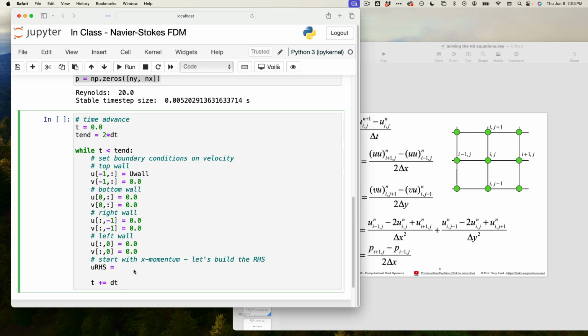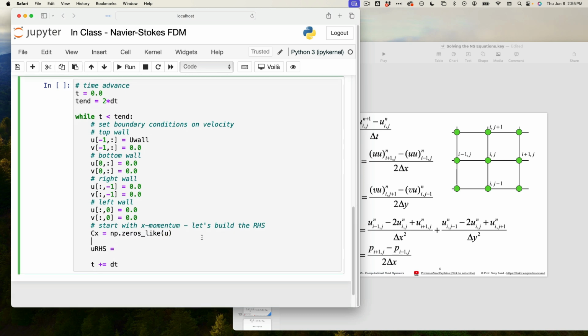So if we were going to do u right-hand side, we're going to start with advection. Let me say Cx is np.zeros_like(u). My advection term is only going to matter at the interior points, because at the boundary I am specifying the values for the velocity.